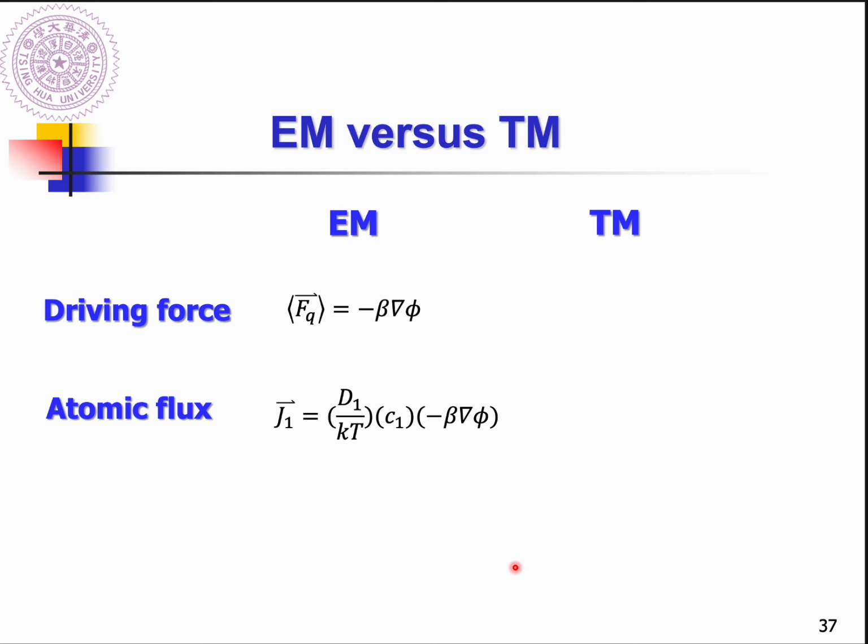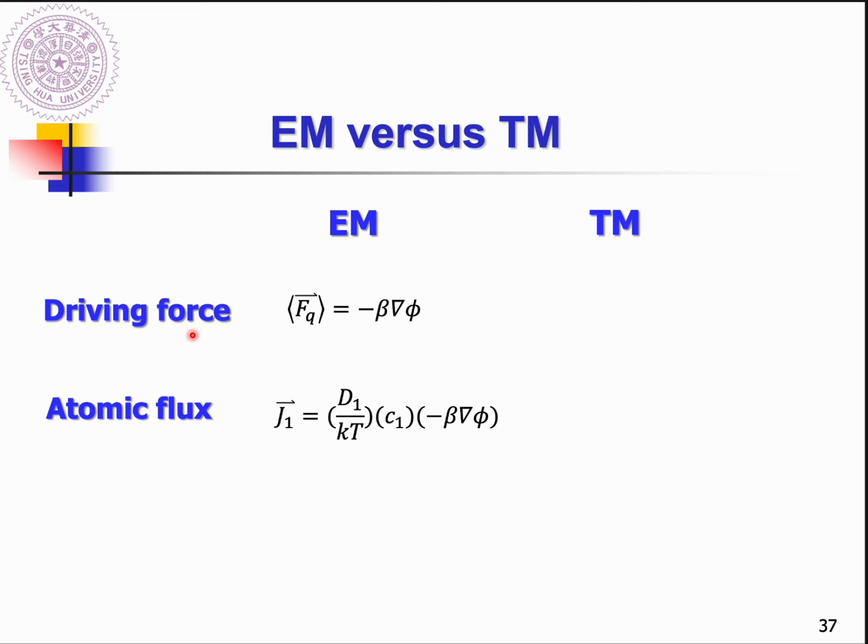Okay, so let's give you a quick summary here. The electron migration versus the thermal migration. For the electron migration, we know it only happens when the current density is high enough.